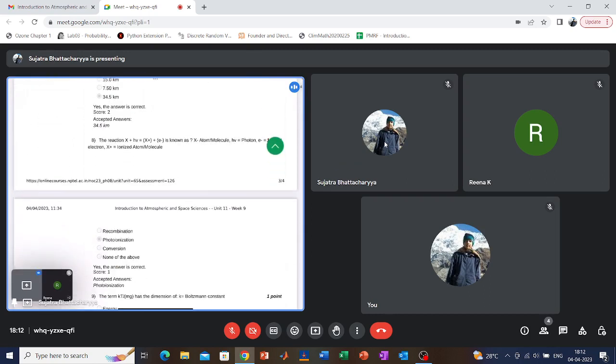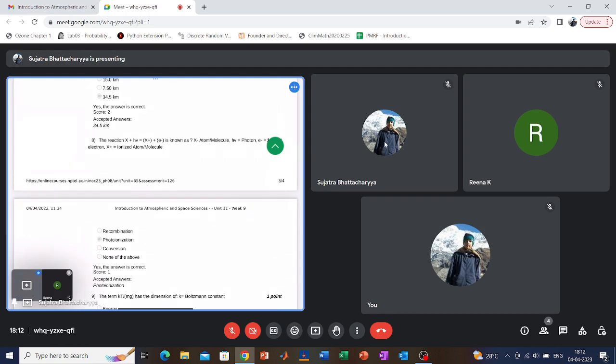Come to the eighth question. The reaction X plus H nu gives X plus electron is known as. Now, as we can see from the reaction only, we can intuitively say that since a particular atom or molecule, whatever is given in this question, is reacted with a photon, and hence it is giving ions and electrons, therefore this process is photoionization.